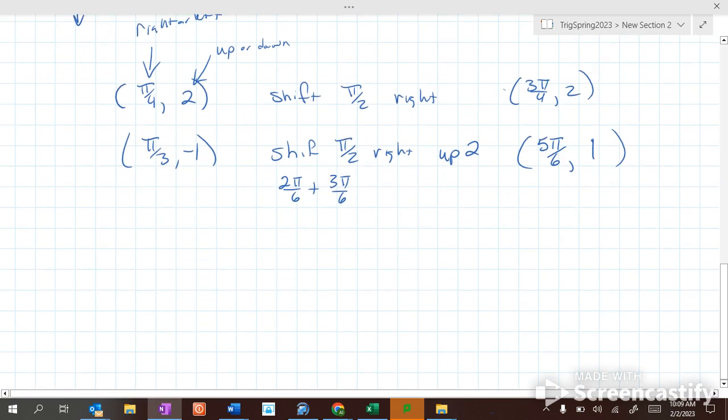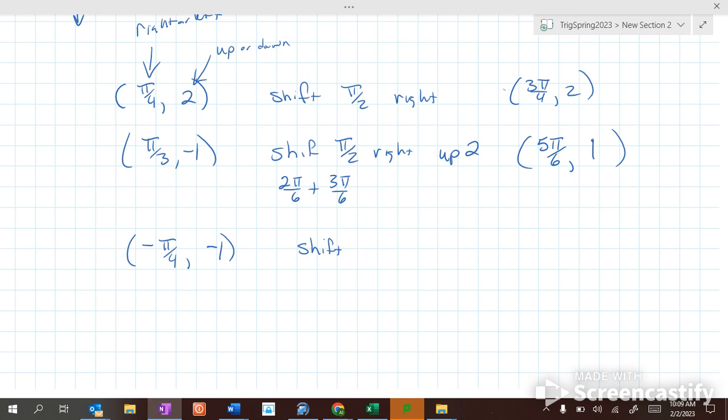Let's do one more. Let's say we're at negative pi over 4, negative 1. And we're going to shift pi over 3 to the left and 1 down. Well, if we're at negative pi over 4 and we're going to the left pi over 3, then what would I do?